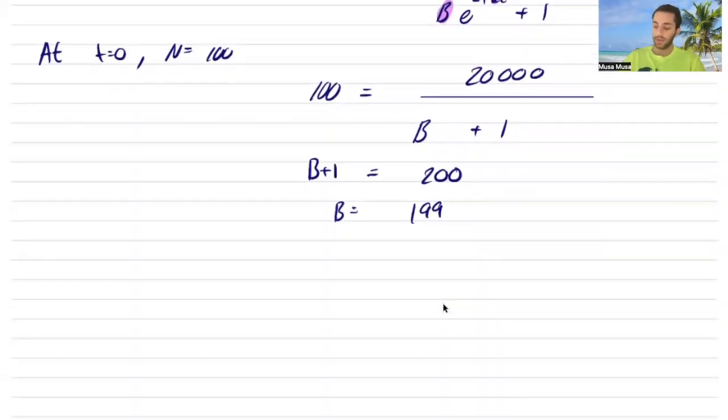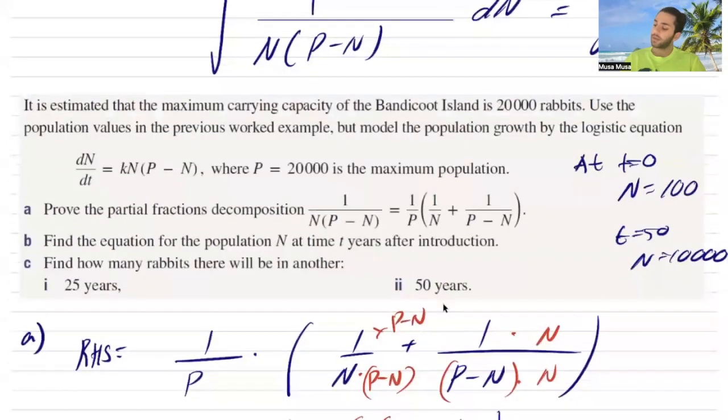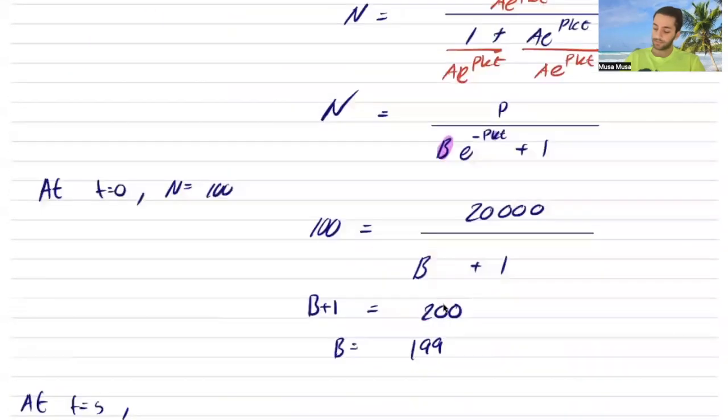Nice. And then what do we know? At t equals, what was it, 50? Yep, n equals 10,000.